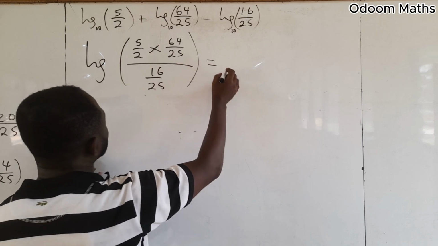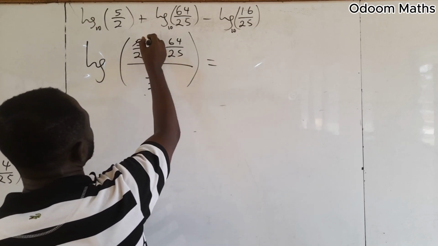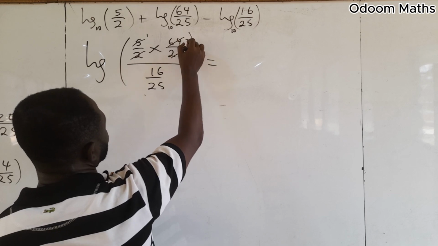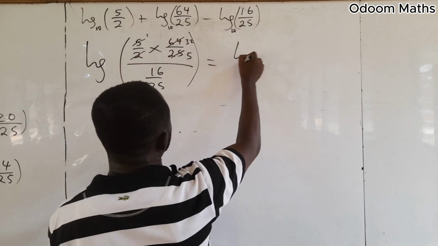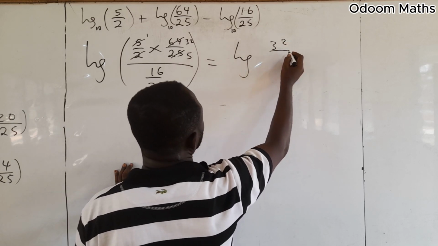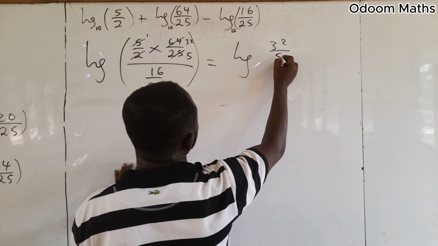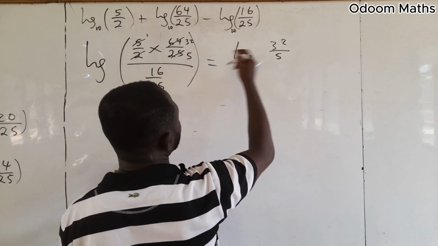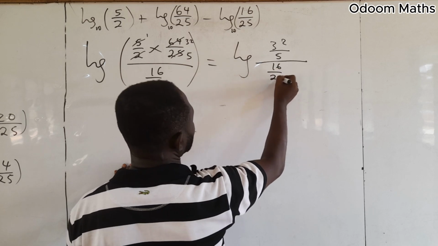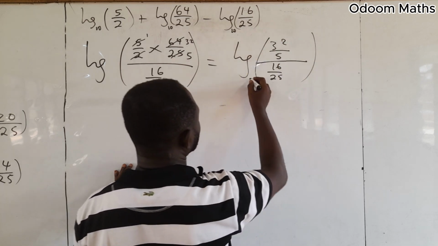Okay, and that becomes 5 into itself 1, here 5, 2 into itself 1, this side 32. So that is log 32 over 5, divided by 16/25 and base 10.